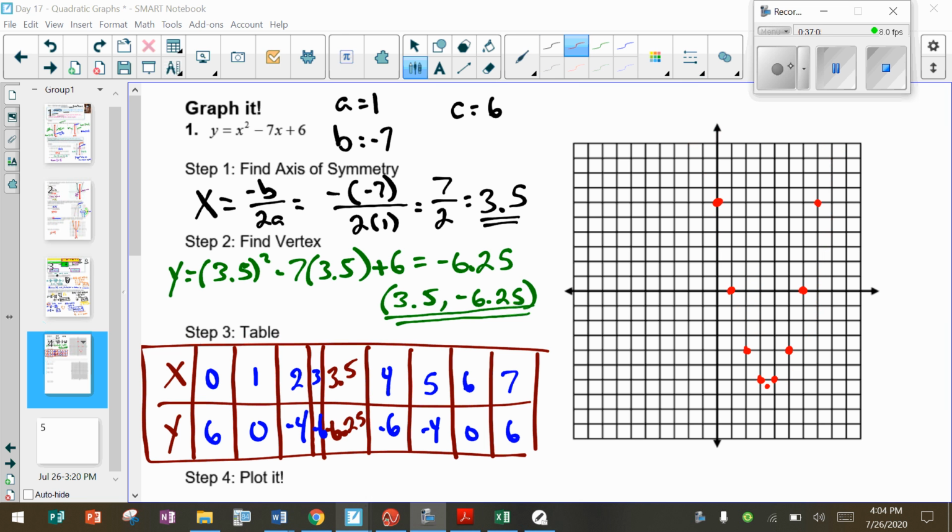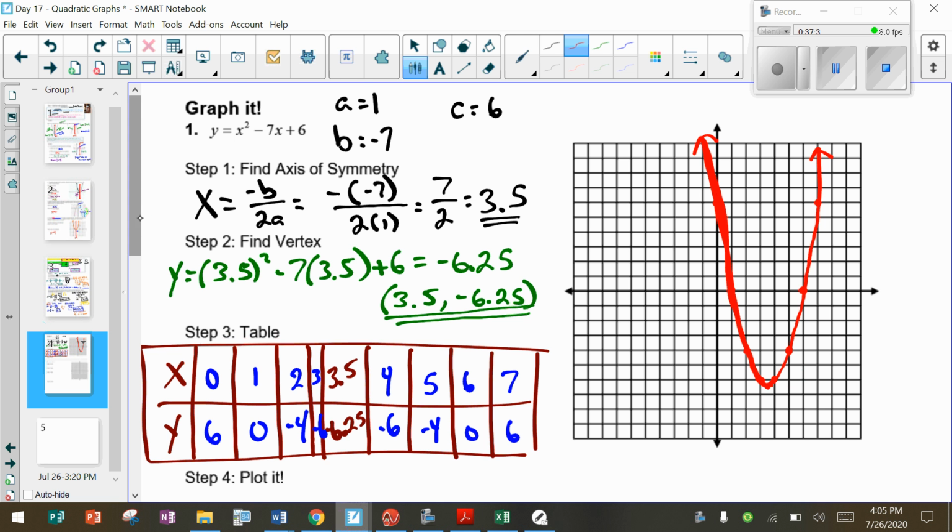So, okay, now my points are adjusted. Connect them with a curve to make it look like a parabola. Oops, got a little wiggly there. Doesn't have to be perfect, but it should look rounded, curved at the bottom, not a V shape. And that's how we graph.